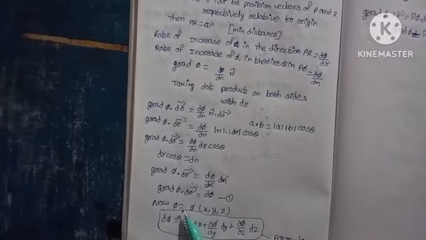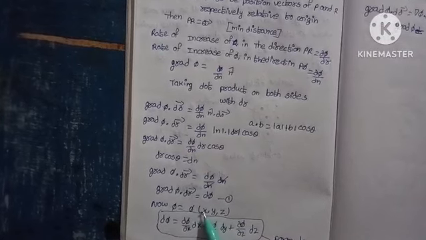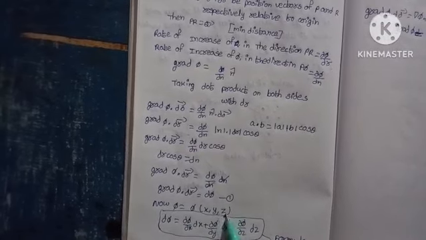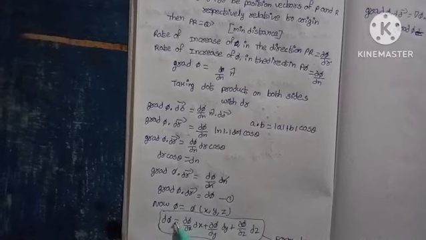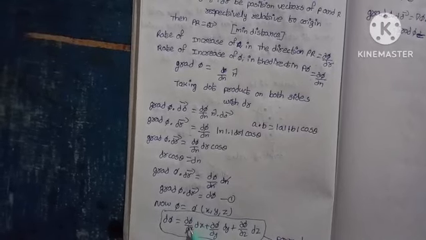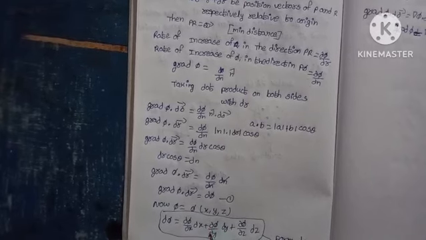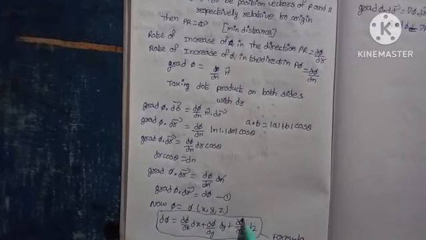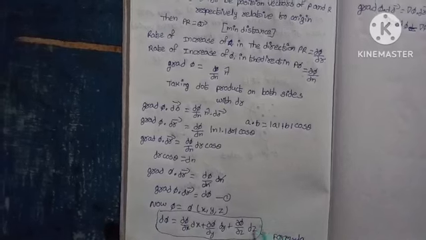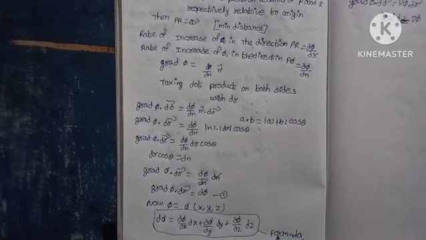Now phi is a function of x comma y comma z. Dou phi equals dou phi by dou x dx plus dou phi by dou y dy plus dou phi by dou z dz. This is the formula.